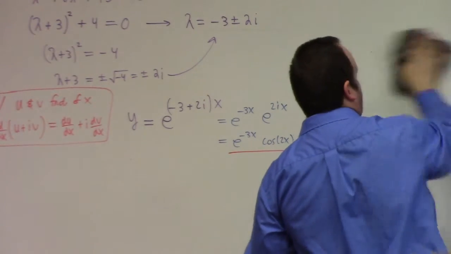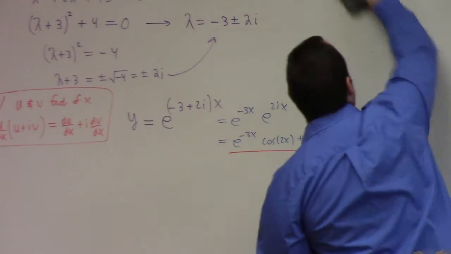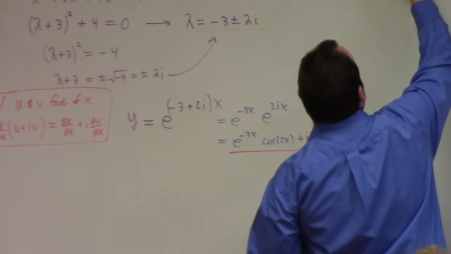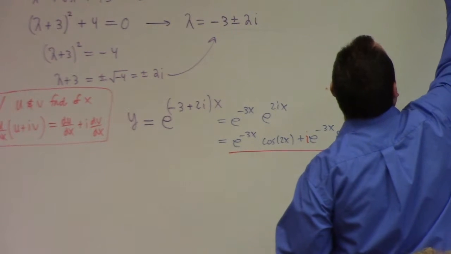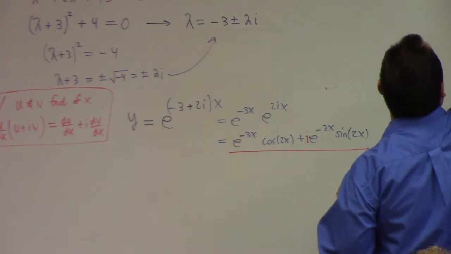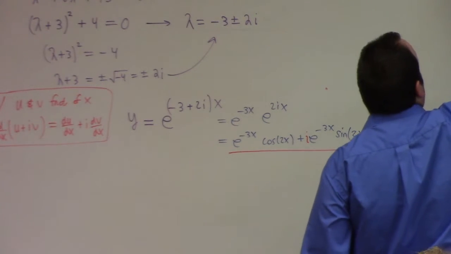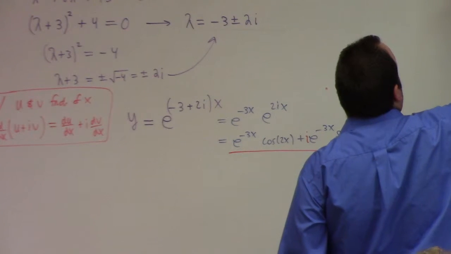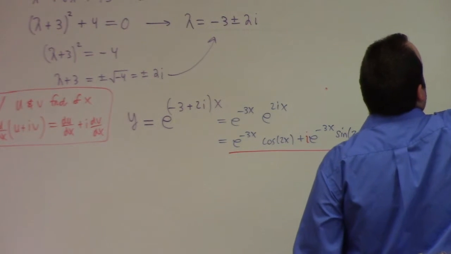Here, let me give you guys a problem, see if you understand the definition. Tell me how I would differentiate this function. Suppose I had e to the x plus i times the sine of x squared. What's the derivative? So by definition, this is d dx of e to the x plus i times d dx of the sine of x squared.